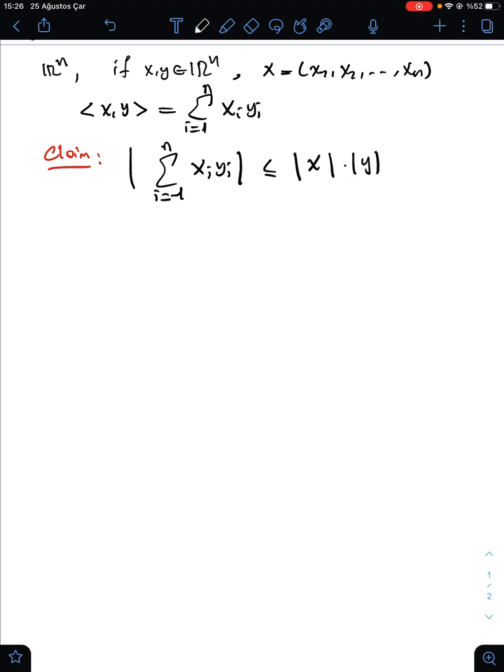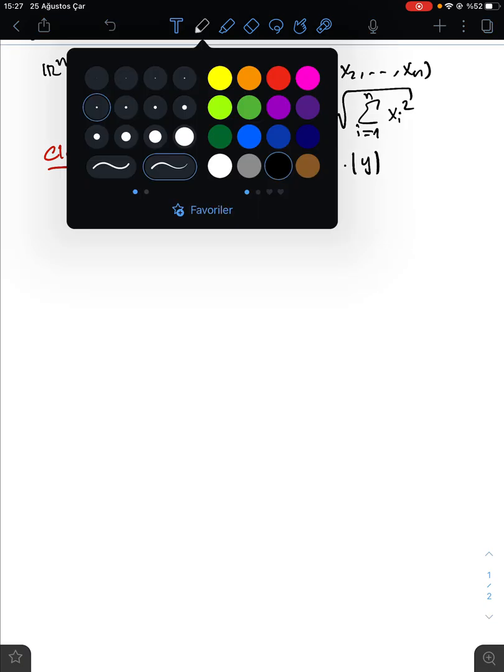If I need to define what this absolute value is, the length of x is defined as the square root of the sum of all the indexes squared. So we are done. Now what about the proof?